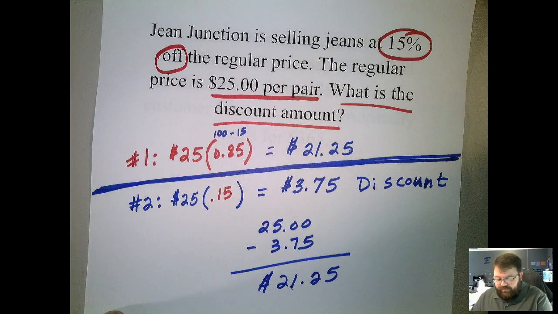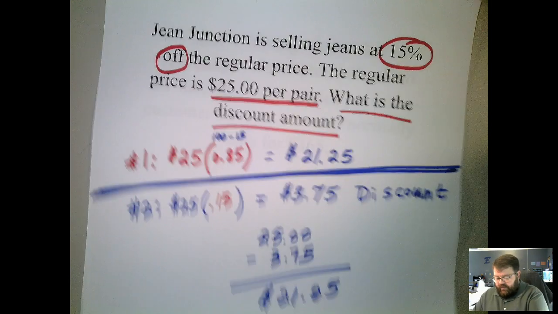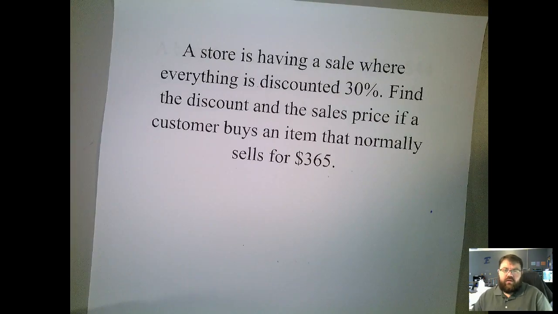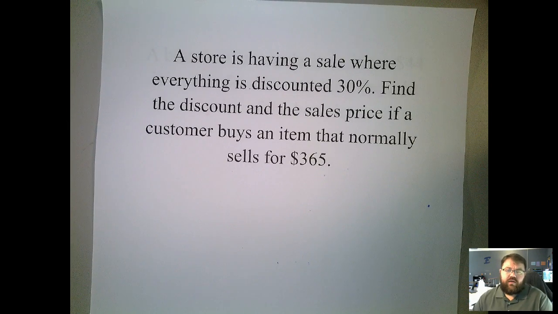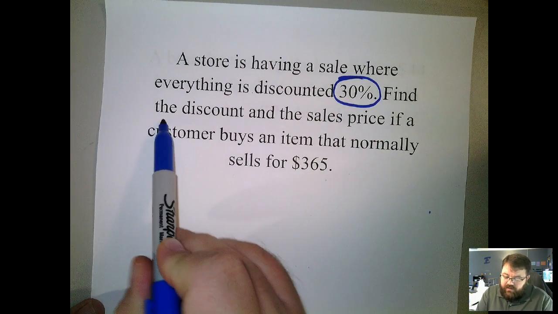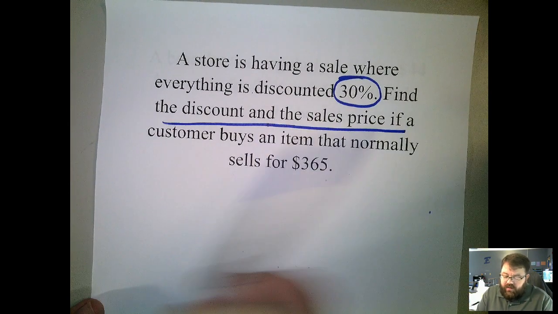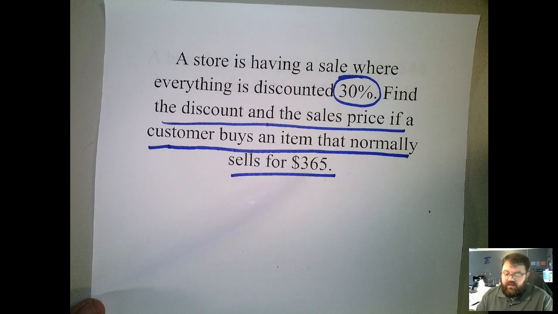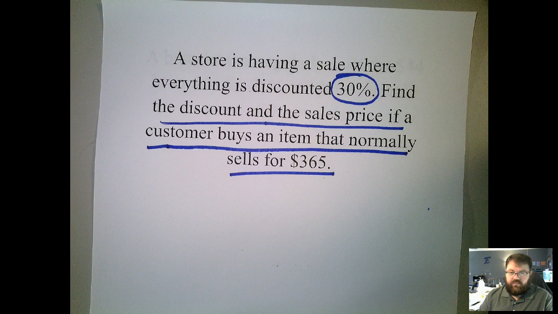Let's do another problem. So, a store is having a sale where everything is discounted 30%. Find the discounted and the sales price if a customer buys an item that is normally $365.